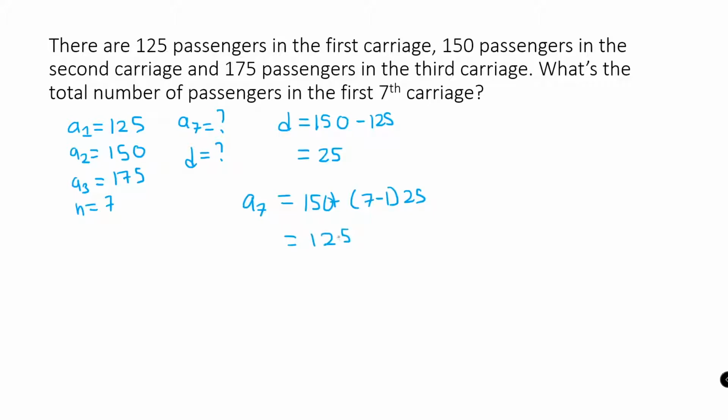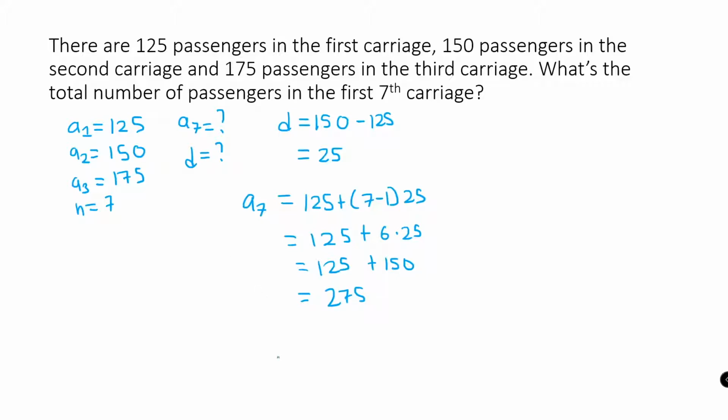Oh wait, sorry, that's supposed to be 125. This will be 125 plus 6 times 25, which will be equal to 125 plus 150. So A7 is equal to 275.